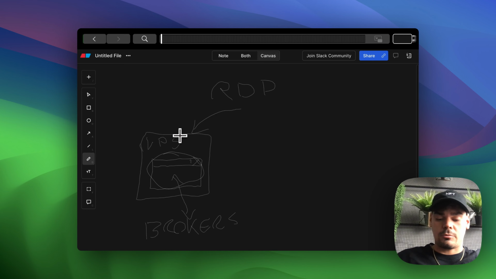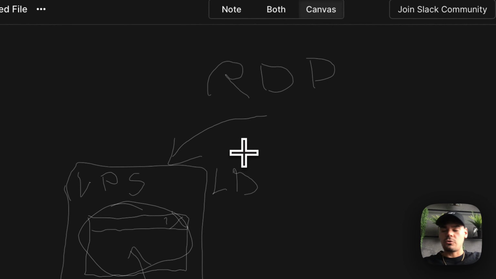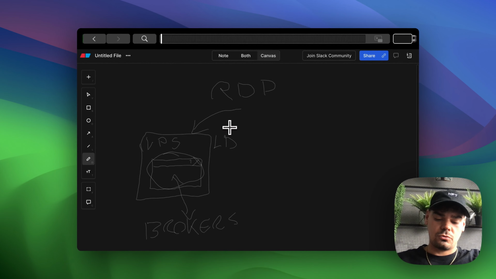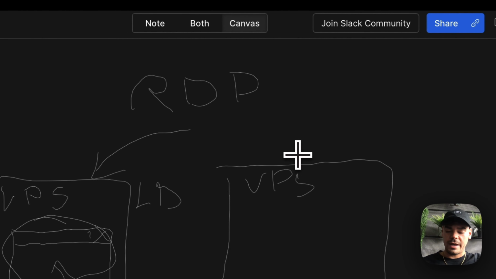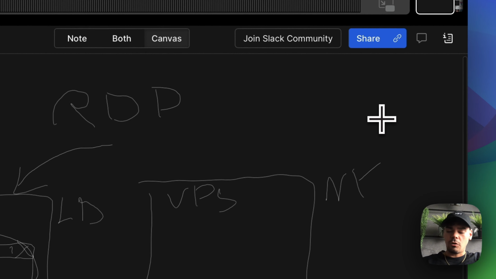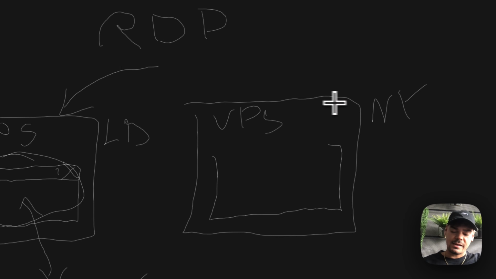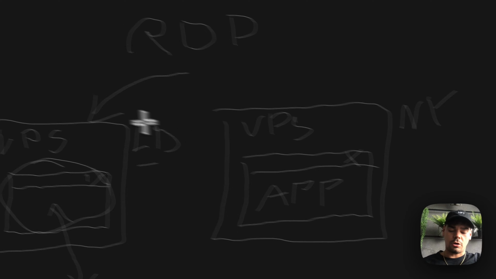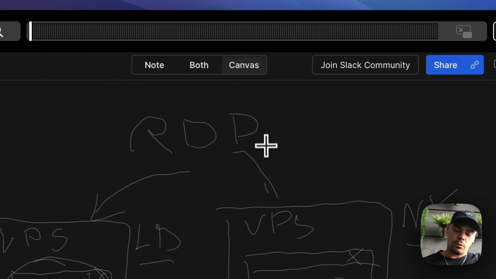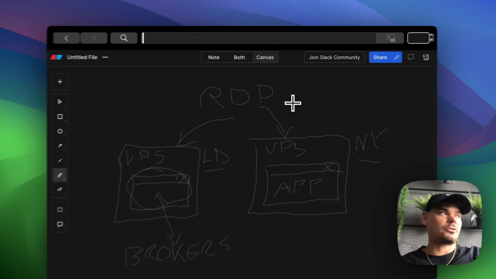Now, if you want to scale out, let's say you are running the operation on a VPS based in London, but you also want to scale out to New York data centers, you need to get a second VPS located in New York, and install the same desktop application again. And to manage your operation in London or New York, you also need to use remote desktop. So this setup is fine, it's working.